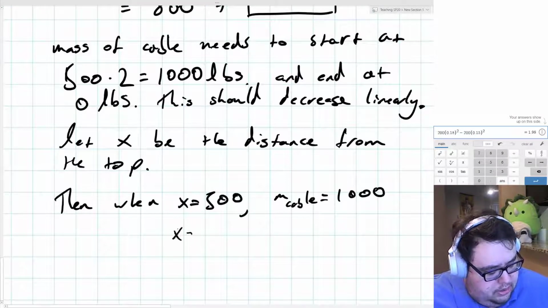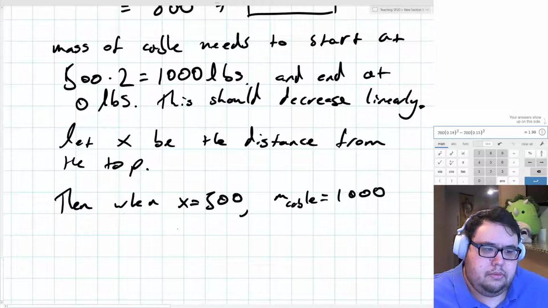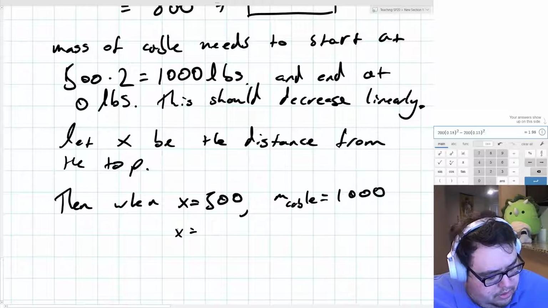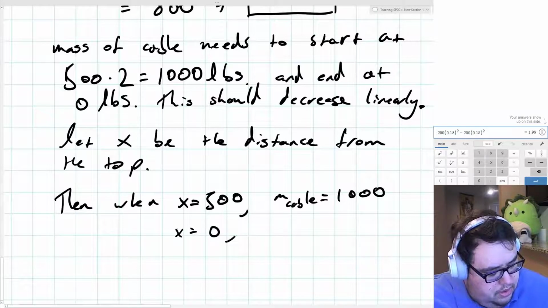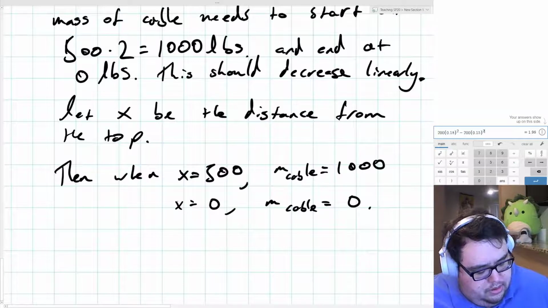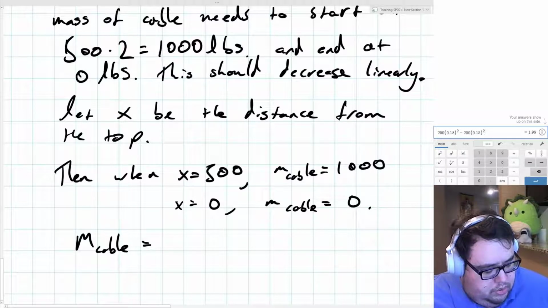And when x equals 0, the mass of the cable is 0. So here, the mass of the cable equals 2x.